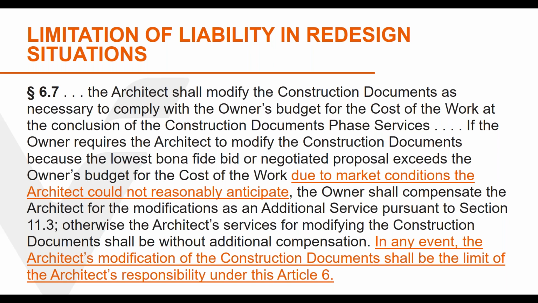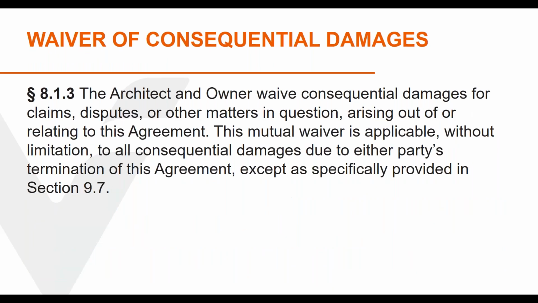It means that when the architect redesigned the project, the owner cannot later sue the architect for delaying the project and for damages such as increased lost profits, ever increasing construction costs, and other effects that they have caused.